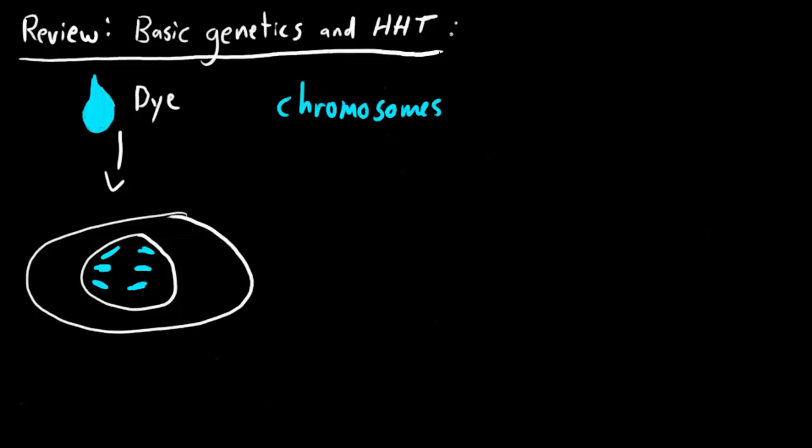Now, this is a slight step up because chromosome literally means colored bodies or colored things. Chromo meaning color, some meaning body or thing. And back then, they didn't know what these chromosomes were made of, much less what they did. We have a little better understanding today.